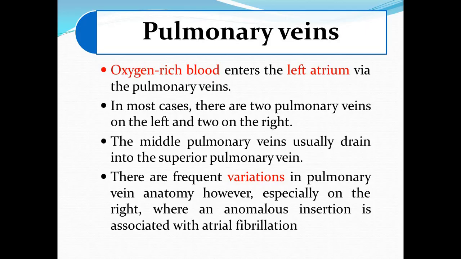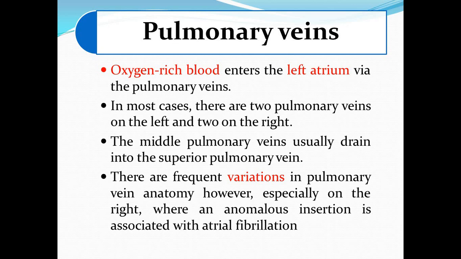After the blood gets oxygenated in the lung, it comes back through the pulmonary veins. So the first station of the oxygenated blood is what? The left atrium, right? There are usually two pulmonary veins on either side of the left atrium, and they enter the left atrium.